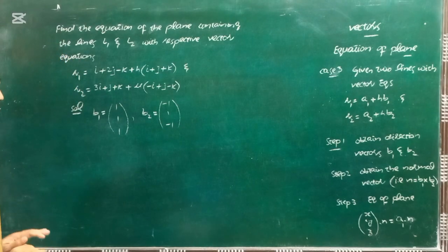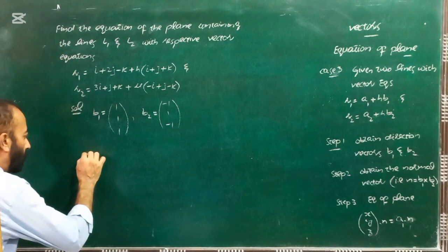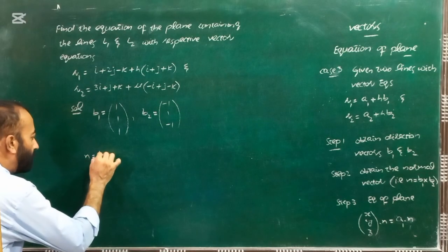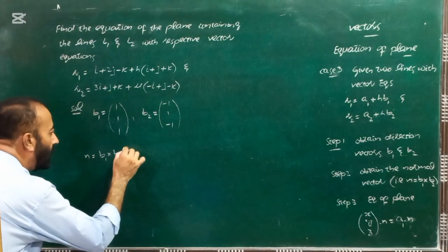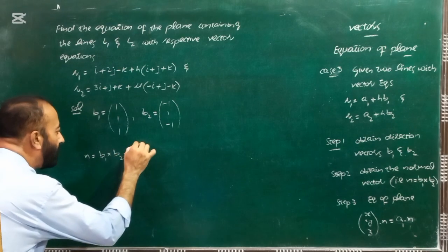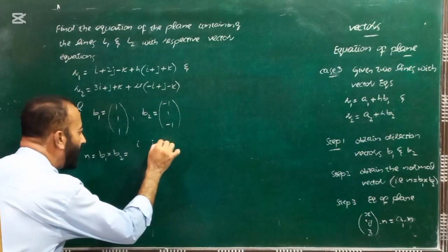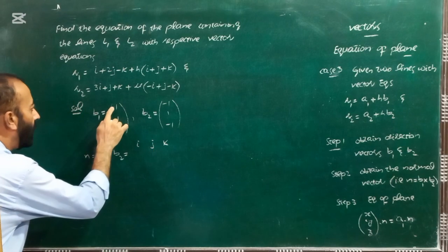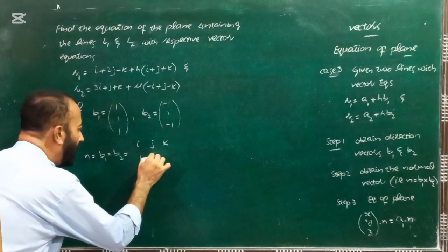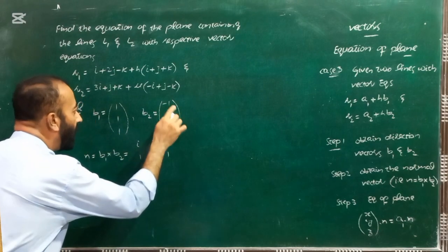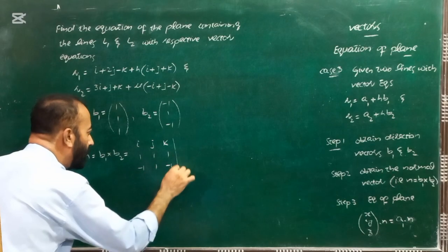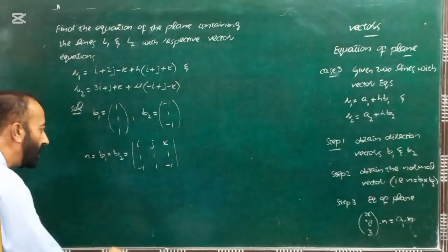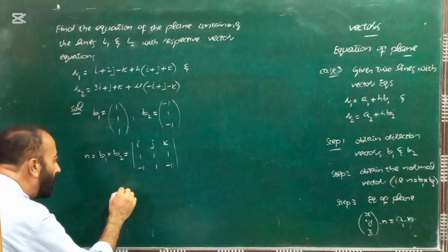The next step will be, now we will find the normal vector, that is by cross multiplying the two direction vectors. So the method will be I, J, K, 1 1 1 will be put here, and minus 1 1 and minus 1. So now open this determinant as usual.